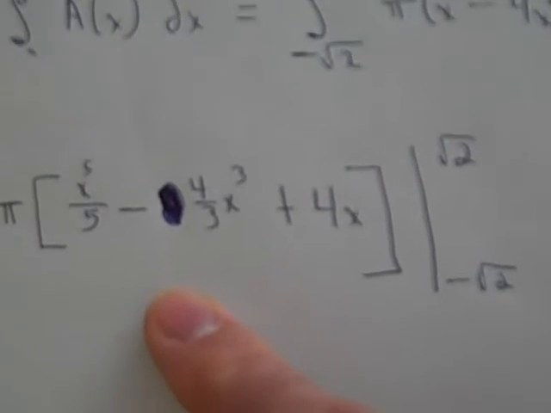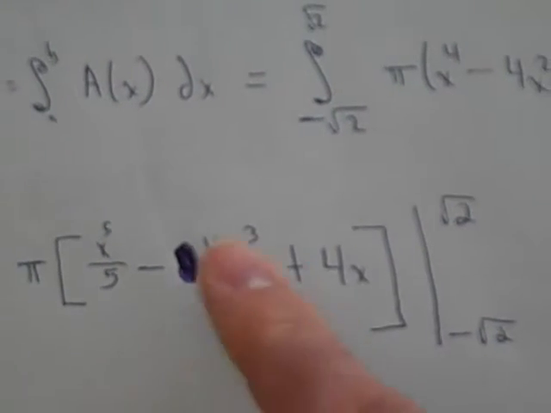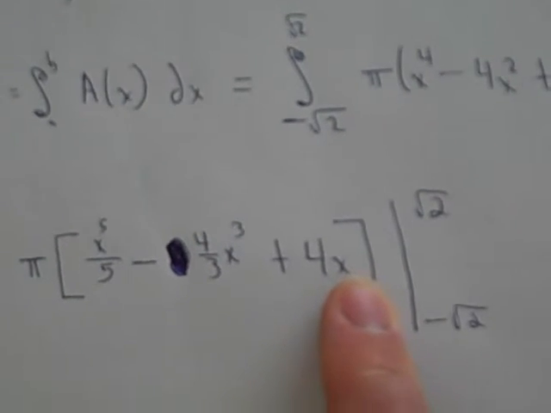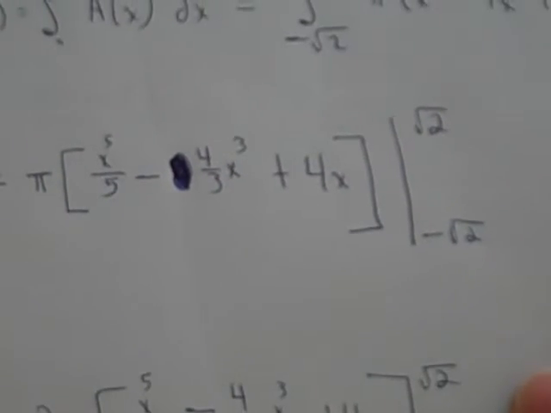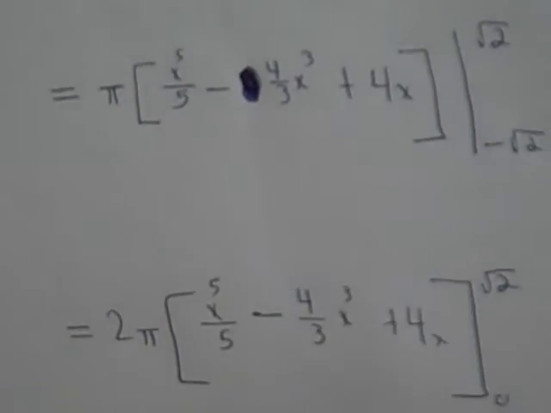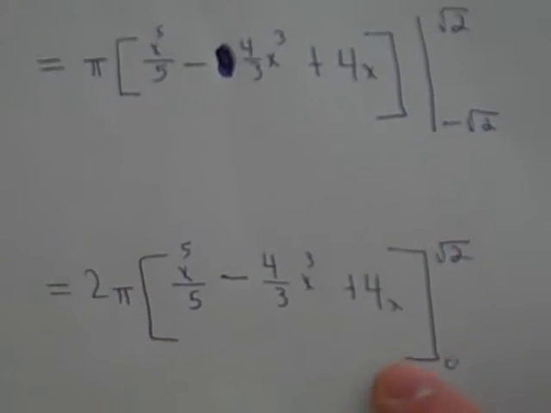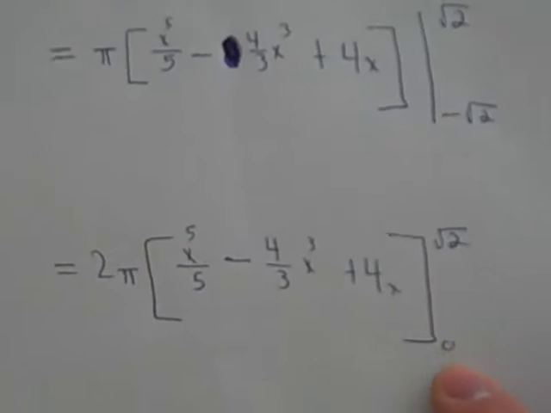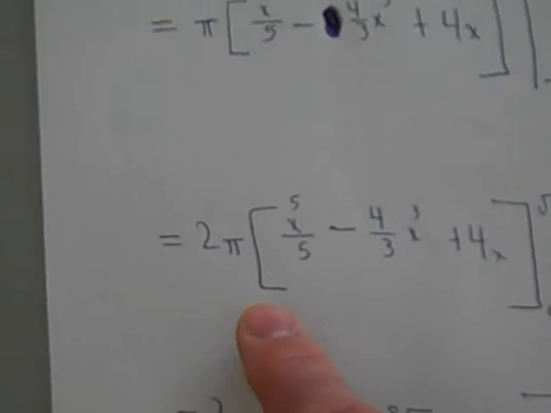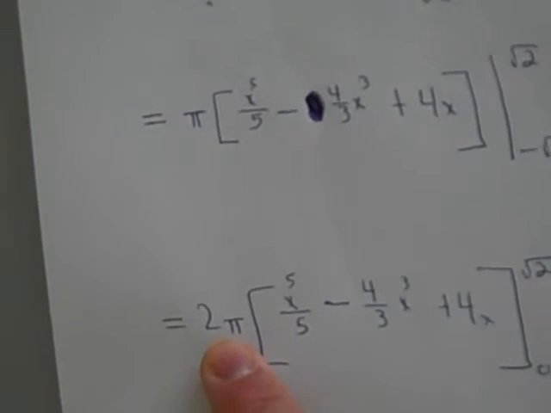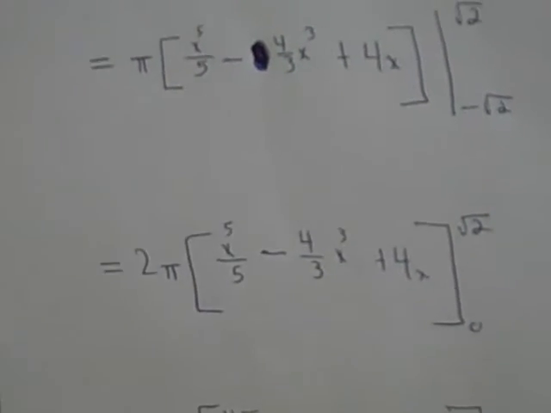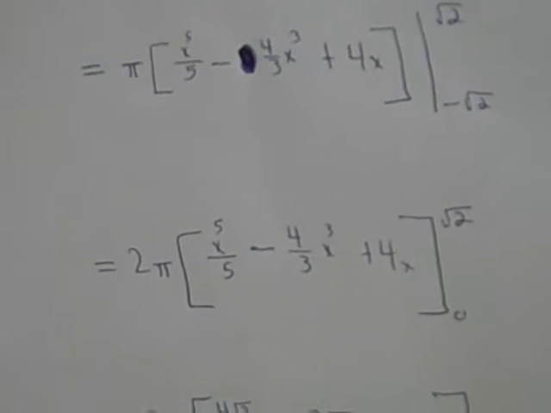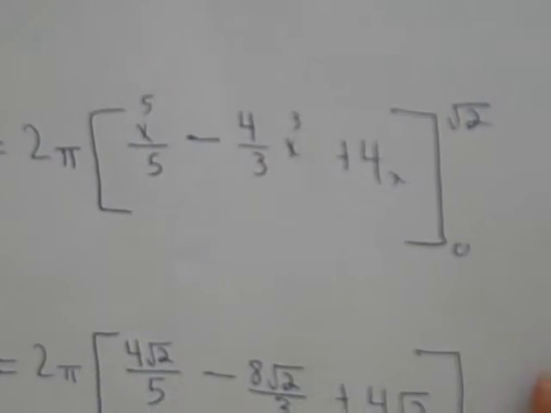Now notice that these are all odd exponents, x to the 5th, x cubed, and x to the 1. And so you can put a 2 out here, and instead of going from negative radical 2 to radical 2, you can just go from 0 to radical 2, because you've doubled it out here.